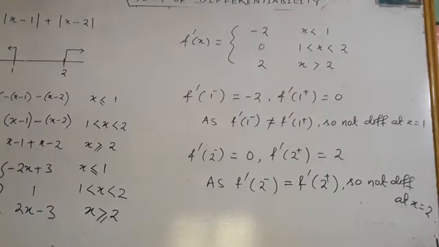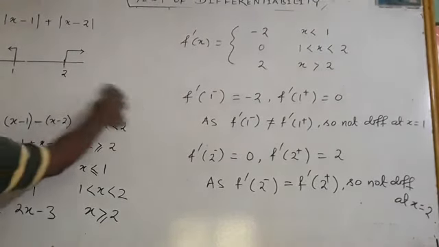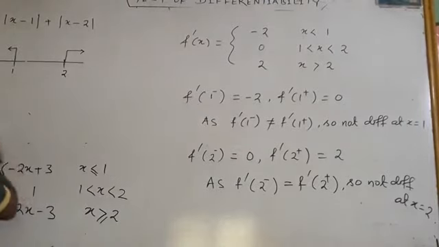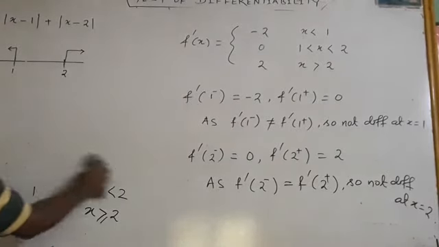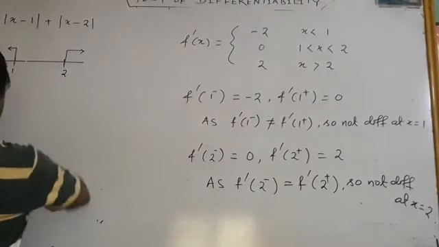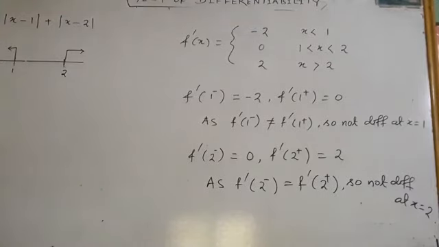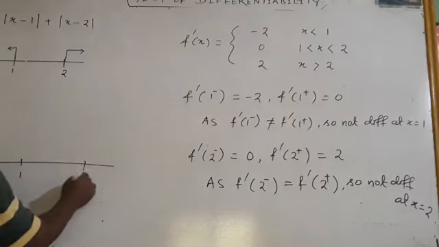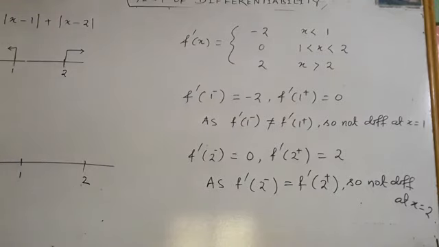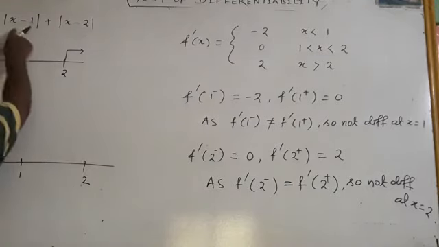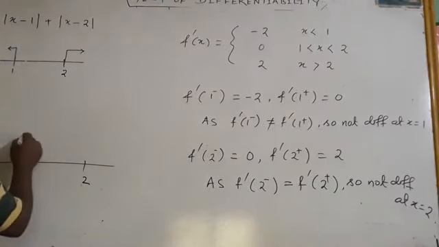Lastly, I will draw the graph of this function. It's very easy, don't think it's difficult. There is no need to draw it on your exam paper, but you should know what happens here. Take a number line, take 1 and 2 here, and this is your y-axis. When you put 1 here, it becomes 1 minus 1, 0, plus 1 minus 2 modulus, which is 1.